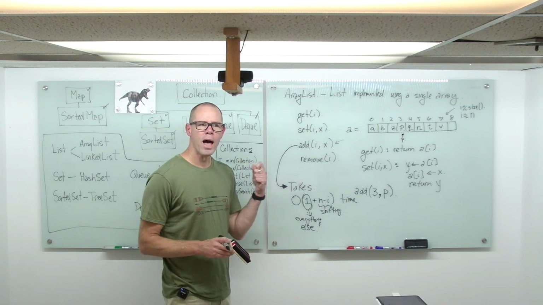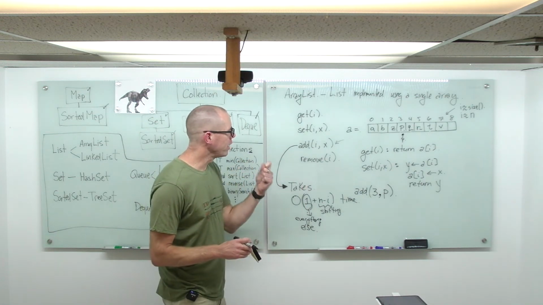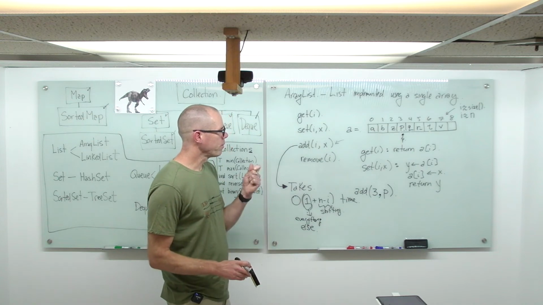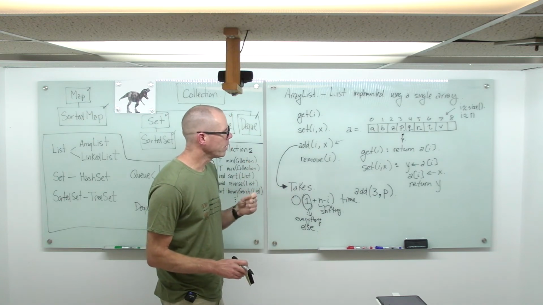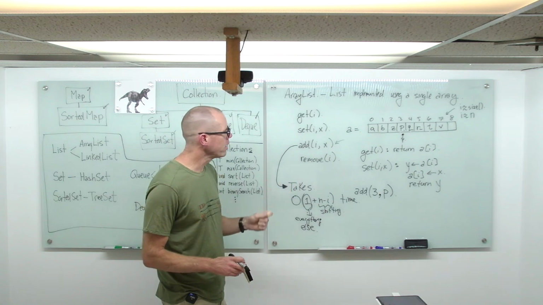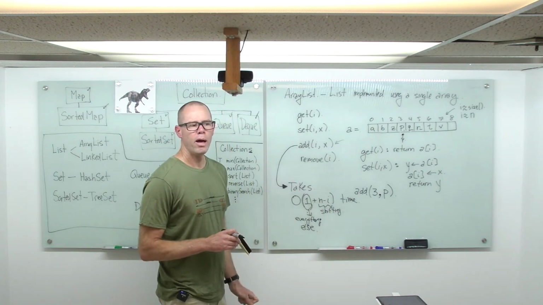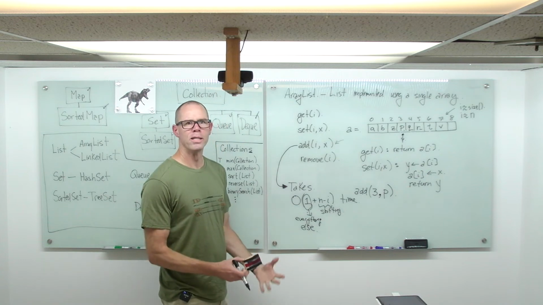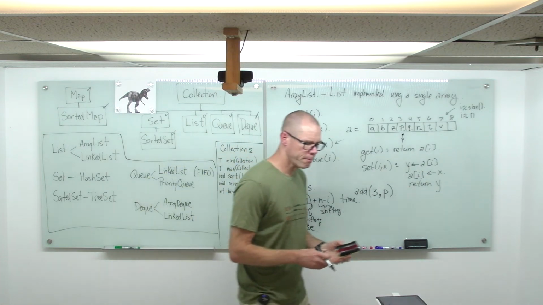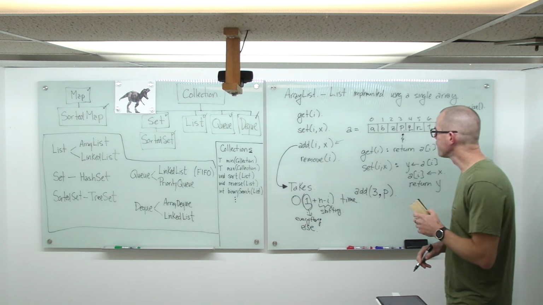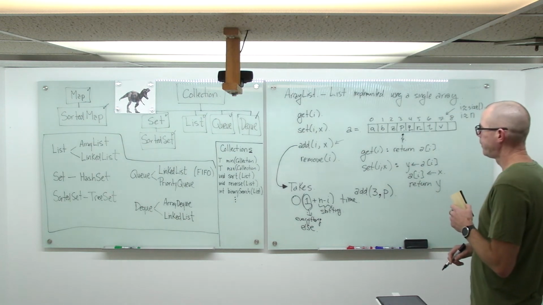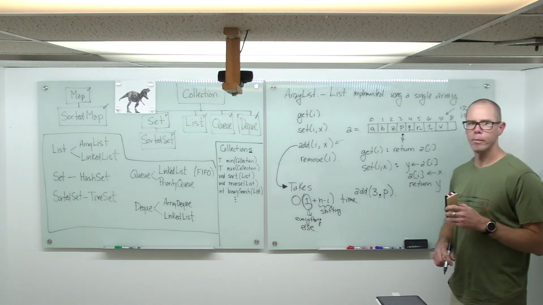That's what happens when you add at the end of a list. You add at position n, because it's 1 more than the last index of your list, in which case n minus i is 0, and the code doesn't run in 0 time. It still has to do something. Okay. That clear?